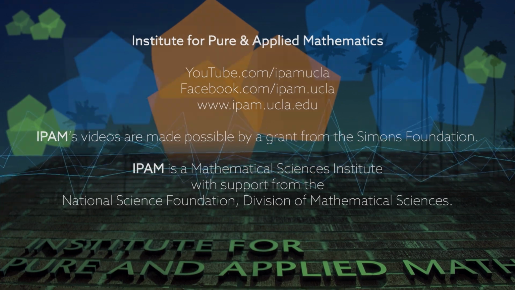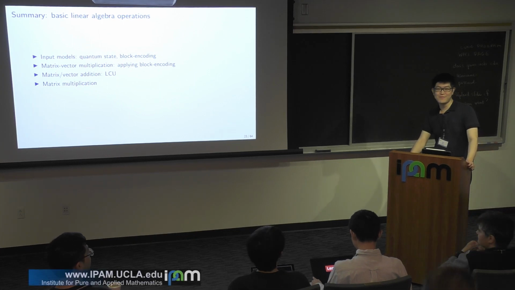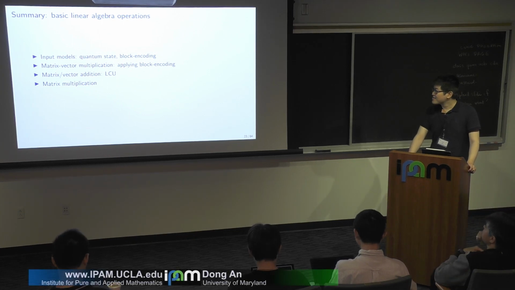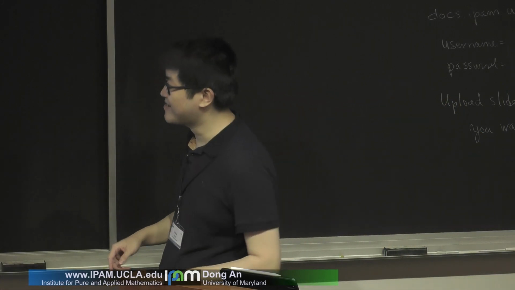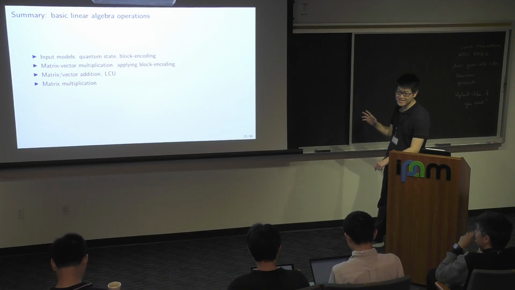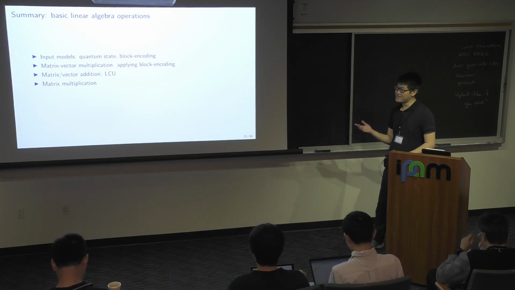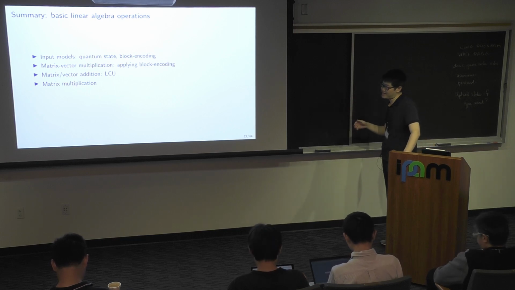Yeah, good morning, and welcome to the second part of the introduction to quantum numerical linear algebra. I'll just start with a brief summary of what we had yesterday. That is, yesterday we discussed basic numerical linear algebra operations. We have input models: a quantum state for the vector, and block encoding for the matrix.